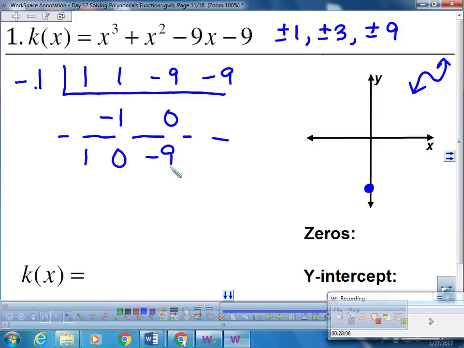It's coming. -1 times -9 is +9. So now I have a factor. What's my factor? Not -1. X plus 1 is my factor. What's my 0? -1. So x plus 1 is a factor.